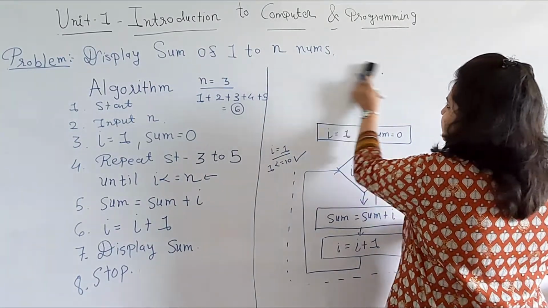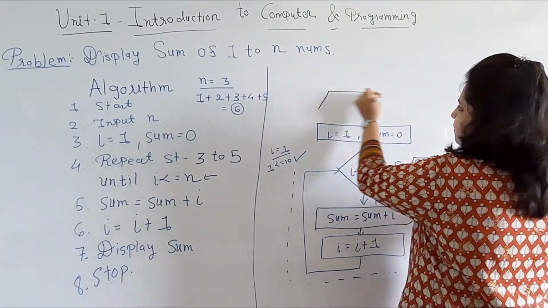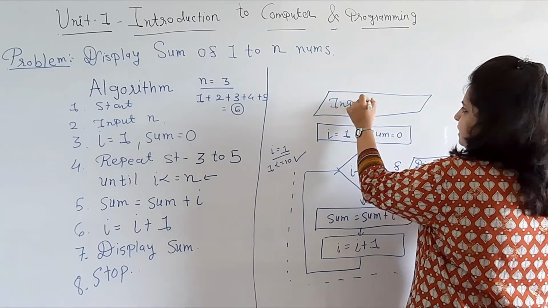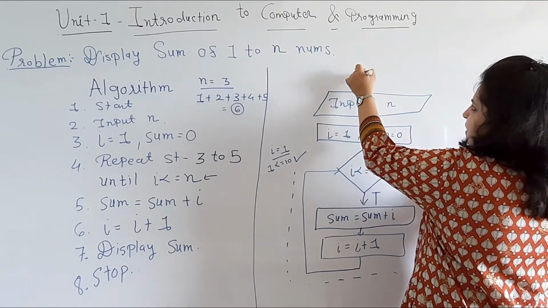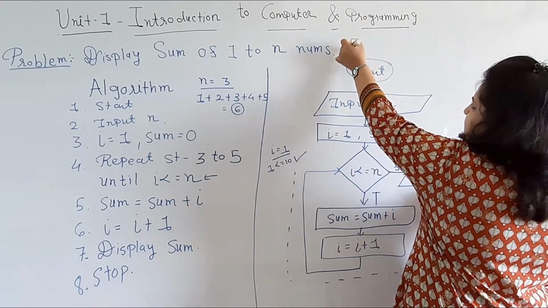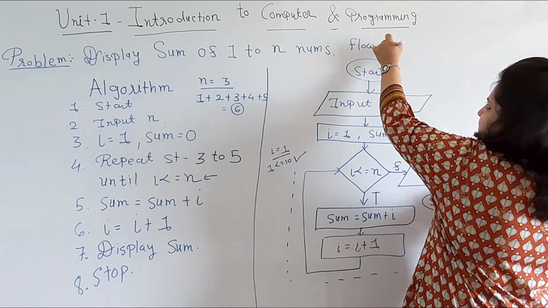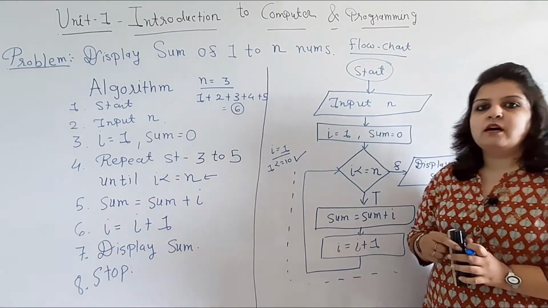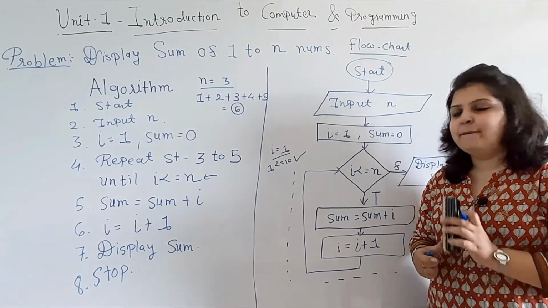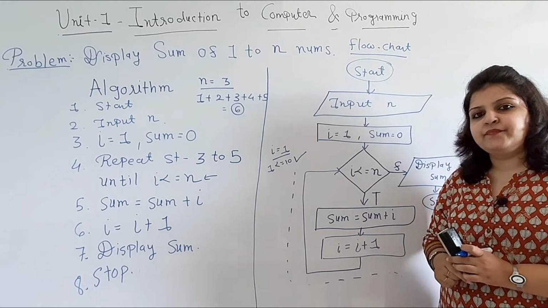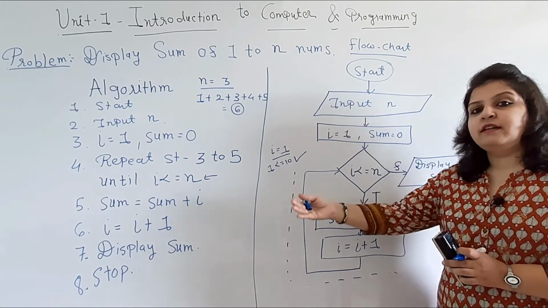So one step is added, input n, and before that we write start. This is the flowchart to perform the sum of 1 to n numbers. Hope you understand this example very well. So move to the next example.